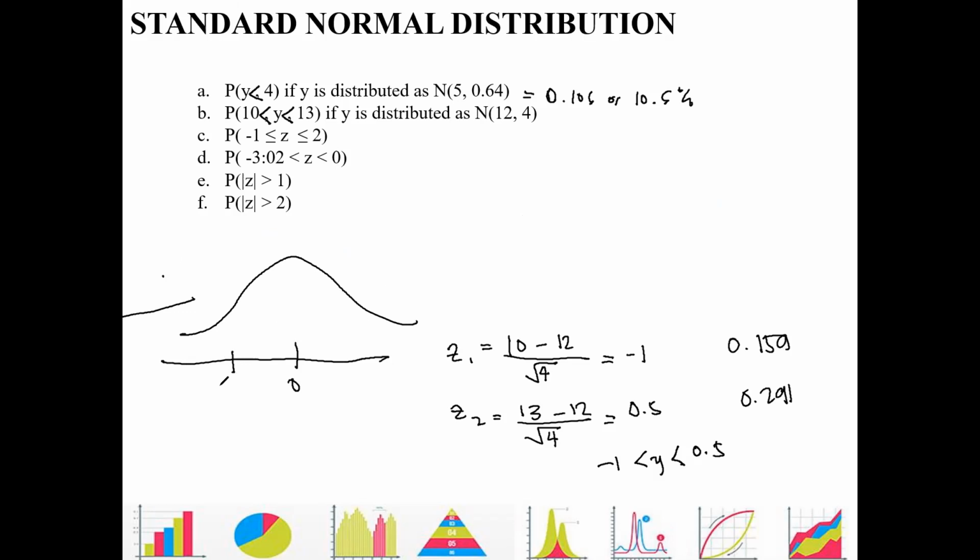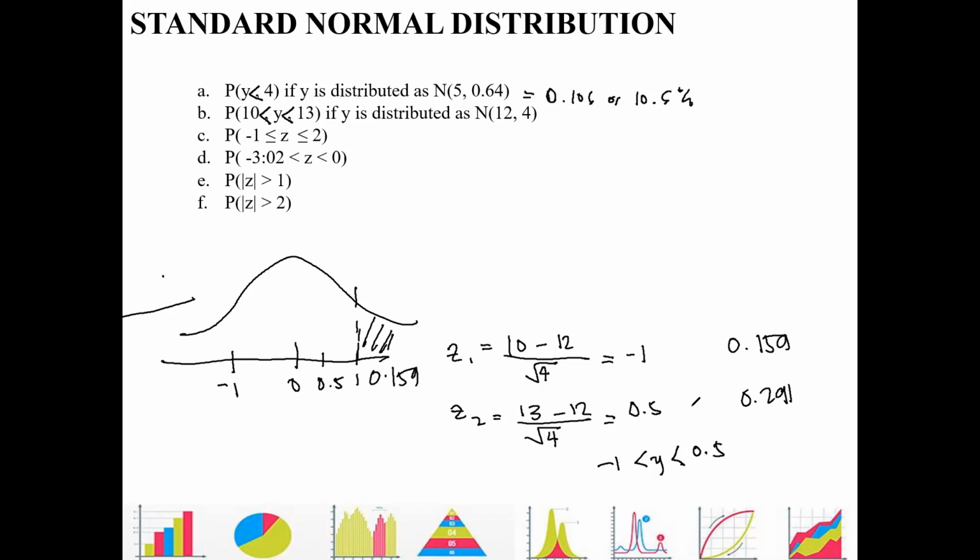So siguro yung negative 1 is here and then 0.5 is here. So yung negative 1, sa positive 1 ang chinek natin sa table, yung positive 1 is nandito. Ang area daw na yon is 0.159.